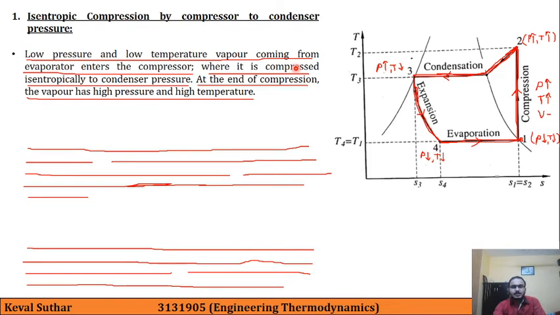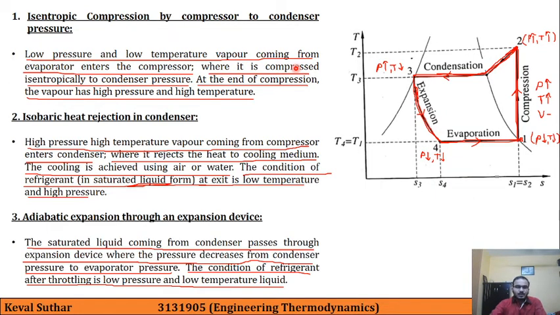Next was the TS diagram for the simple vapor compression cycle, that is shown over here. So the first process is isentropic compression by the compressor to condenser pressure, that is over here.